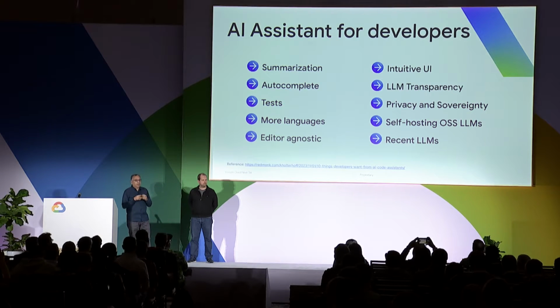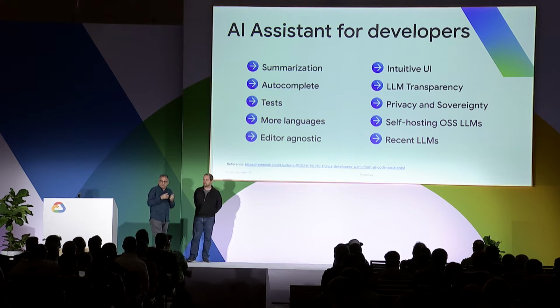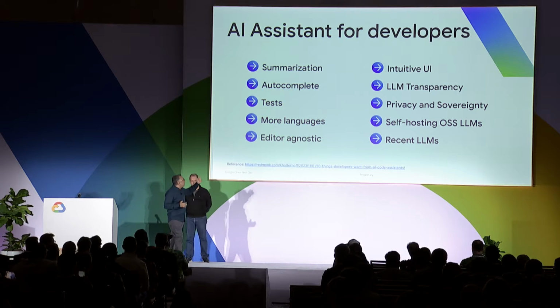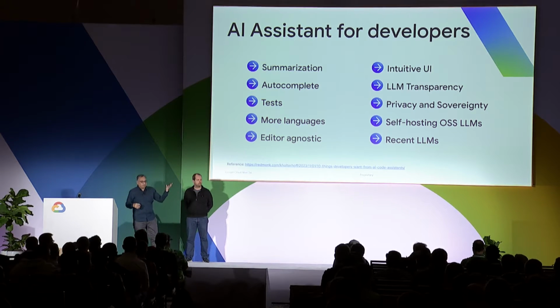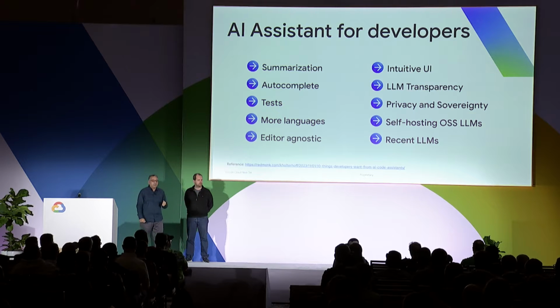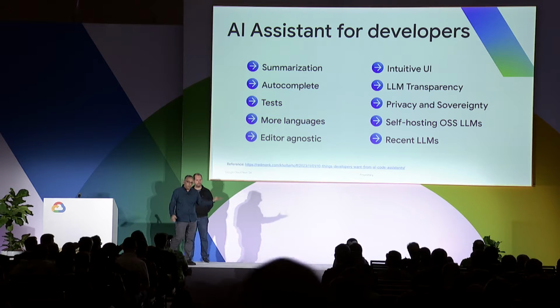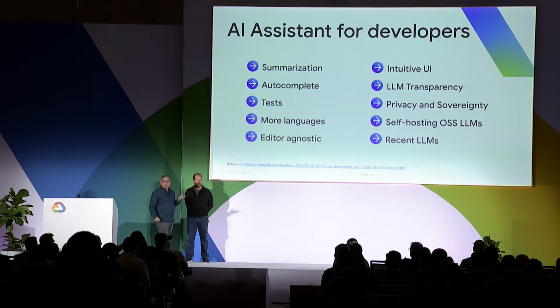In the first column, you will find everything from code summarization to code generation, code completion, and writing unit tests, plus support for most programming languages that we use today, and integrating and working in tools you are familiar with.